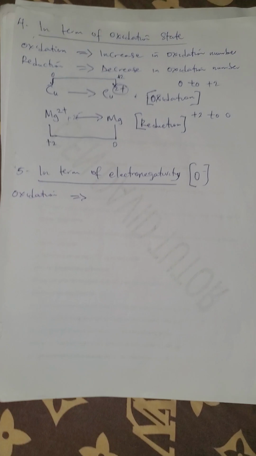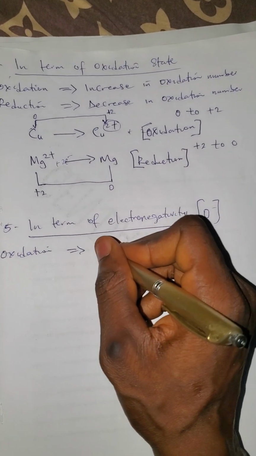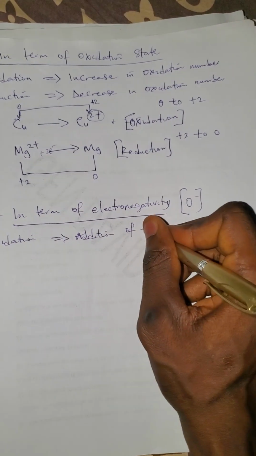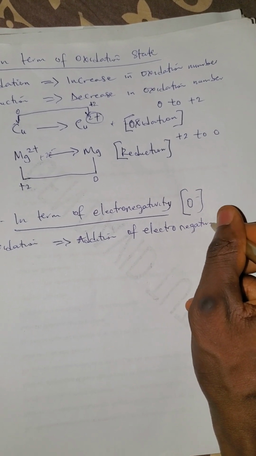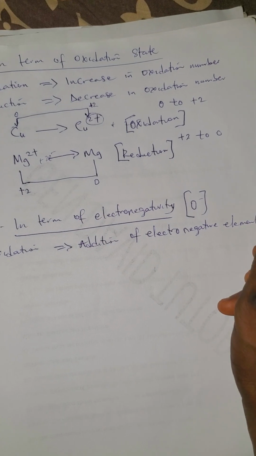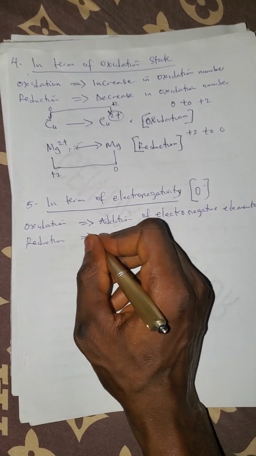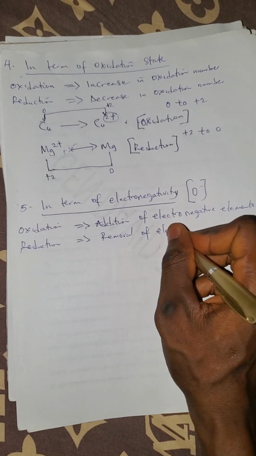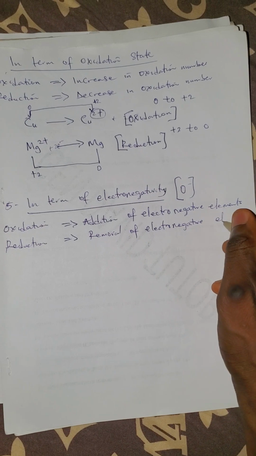In terms of oxygen, we define oxidation as addition of oxygen. So, in terms of electronegativity, oxidation will be addition of an electronegative element, whereby reduction will be removal of an electronegative element.